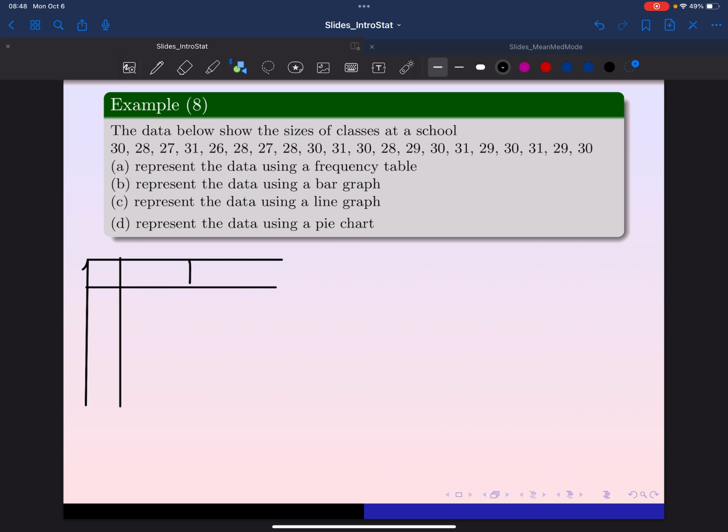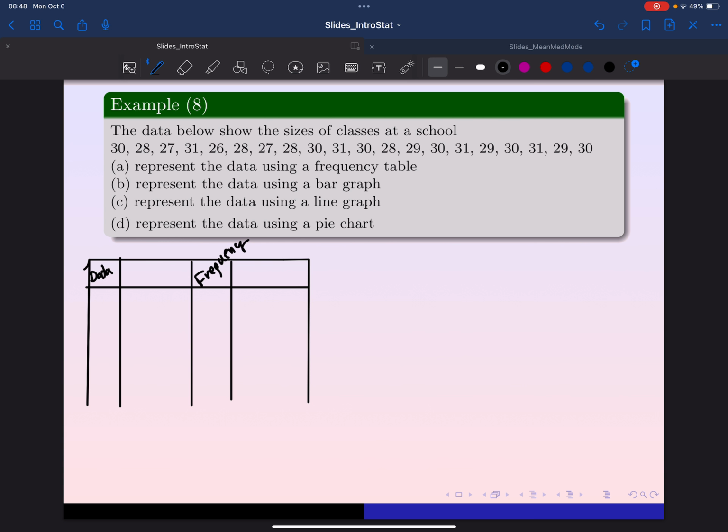Here we would put tally, and here we would write frequency. And here we can write relative frequency. All right, so let's keep writing. So here is our data. Here we would count, and here would be my frequency. And here would be my percentage, the relative frequency.